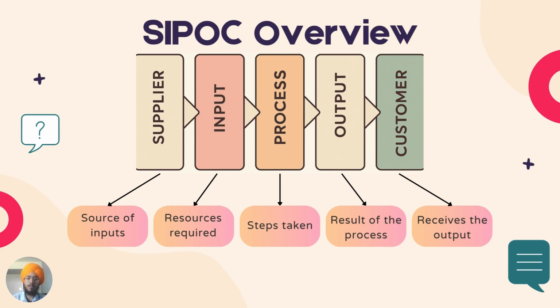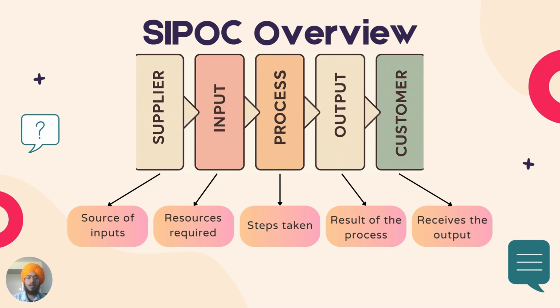Then we have process. Process includes all the steps or activities that transform inputs into outputs. Output is the final product, result, or service that is delivered to the customer. Finally, customer is the person or entity who receives the output.